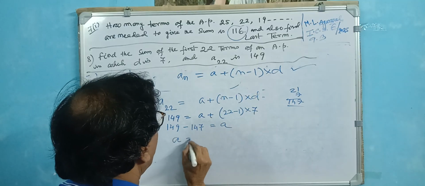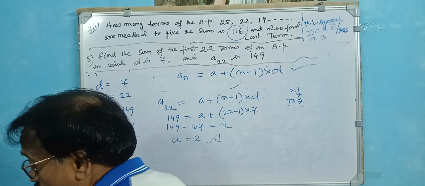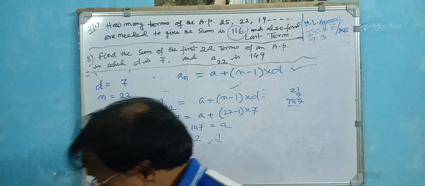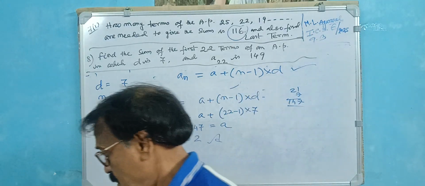So what is the value of a? You get 2. Very interesting.